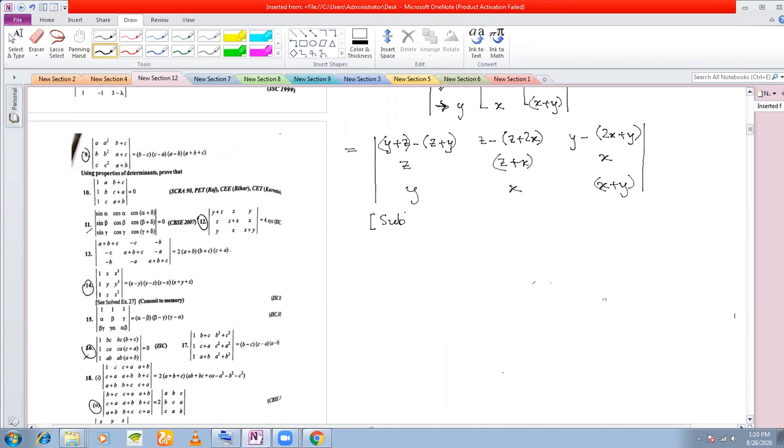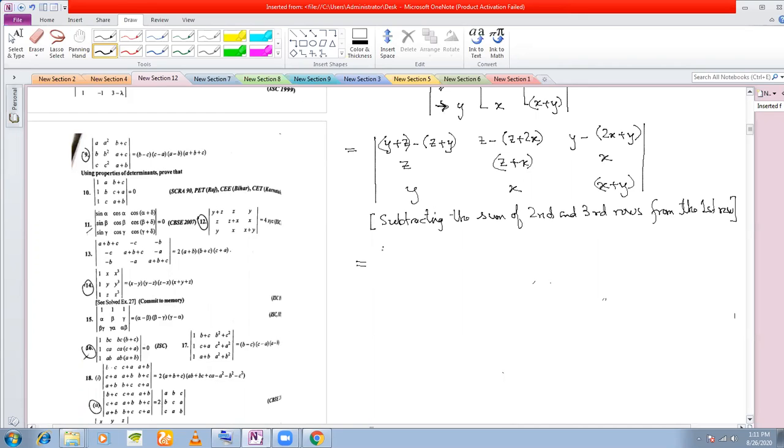Write the step: subtracting the sum of the second and third rows from the first row.